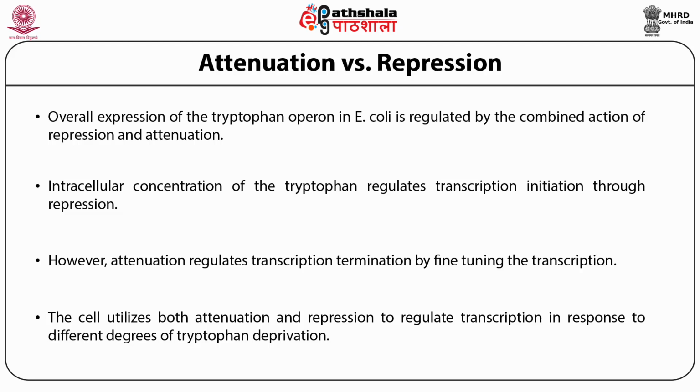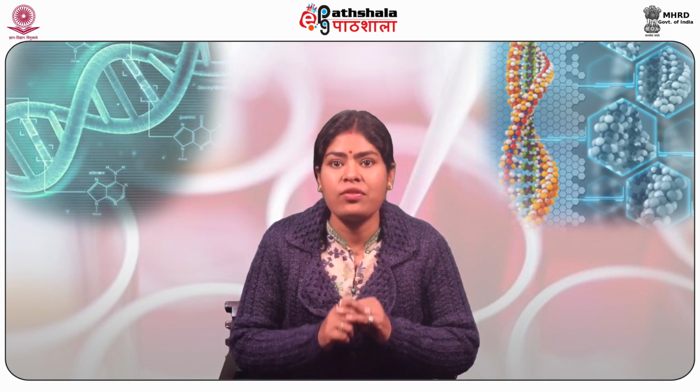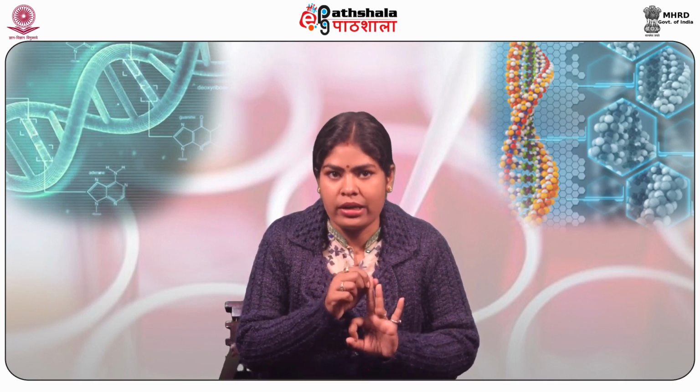So students, let us summarize what we have learned from this module. Prokaryotic gene regulatory system is referred to as an operon. An operon usually consists of a gene regulator, promoter, operator, and a number of structural genes that code for a specific protein.